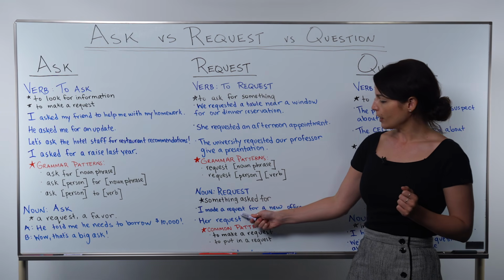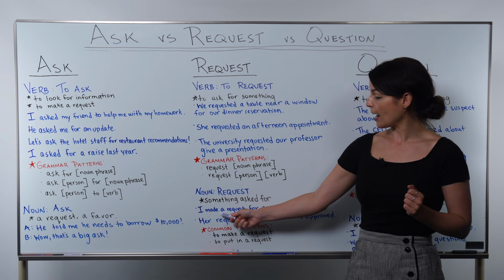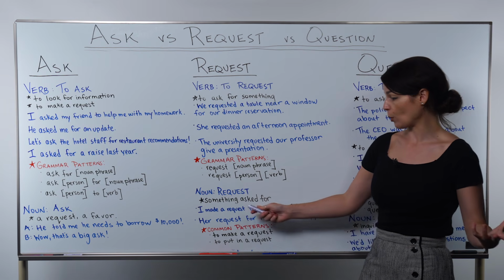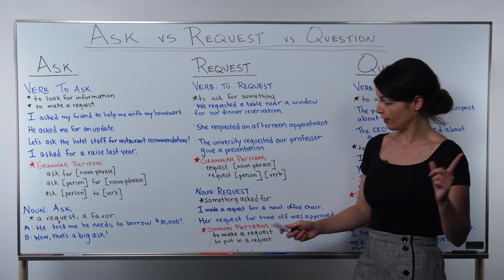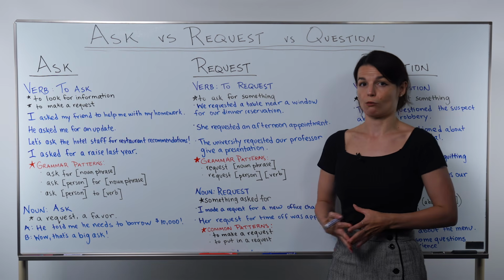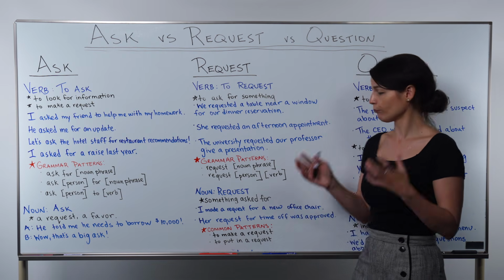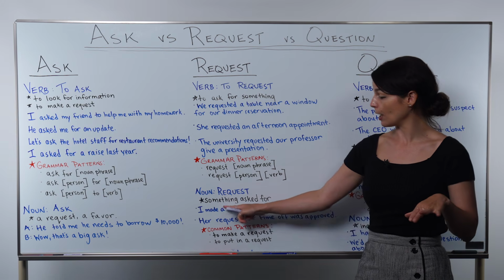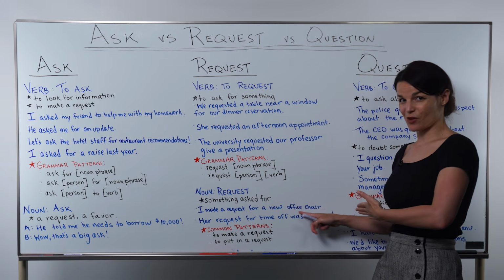So we have request here as a noun. And we need to use a different verb when we want to use request as a noun. In this case, I have made. So it's very common to say to make a request for something.